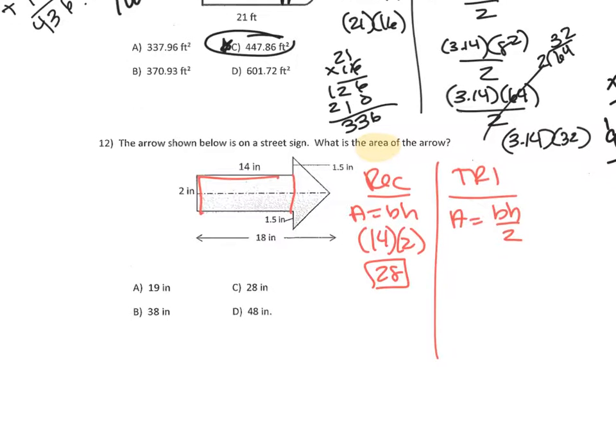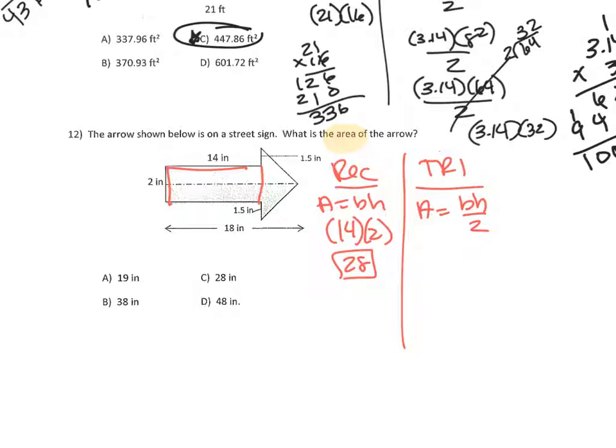And then our triangle. To get our base is this whole piece right here. It's telling us that this part is 1.5, so that means that this part is 1.5, and this 2 would be the measurement for that. So 2 plus 1.5 plus 1.5 would be 5.